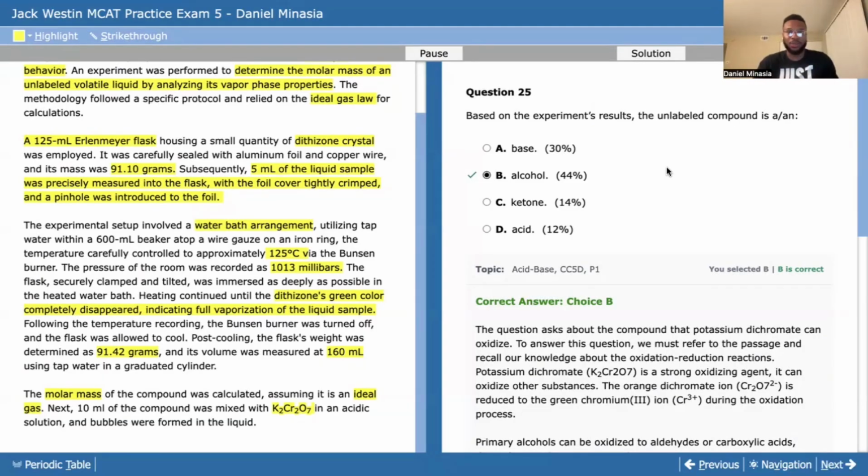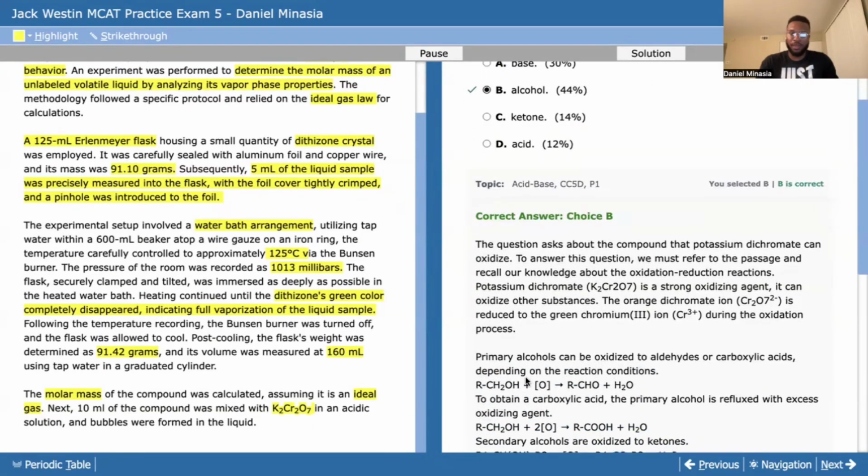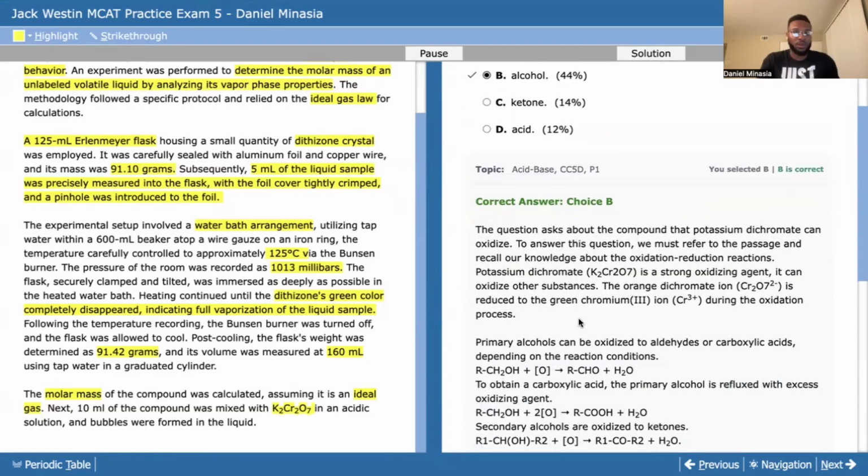In OChem, primary alcohols can be oxidized to aldehydes or carboxylic acids. If you oxidize an alcohol really well, continuously for a long period of time, you could get a carboxylic acid. So it makes the most sense.